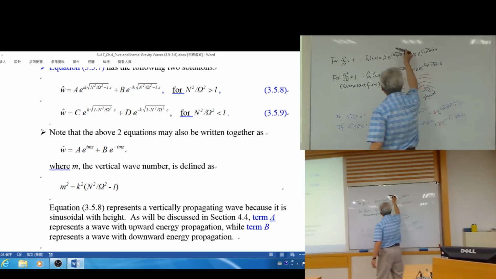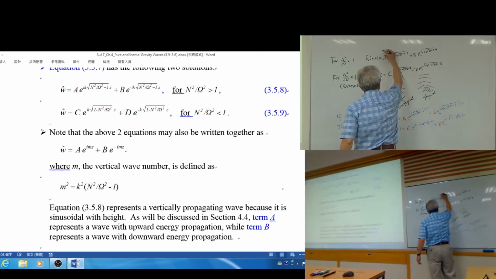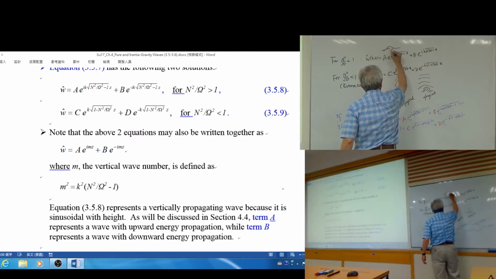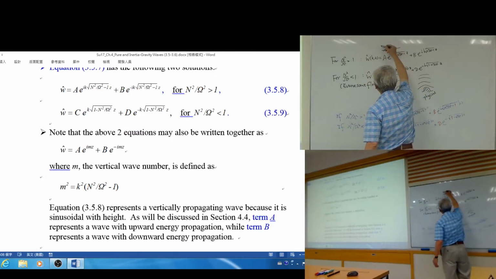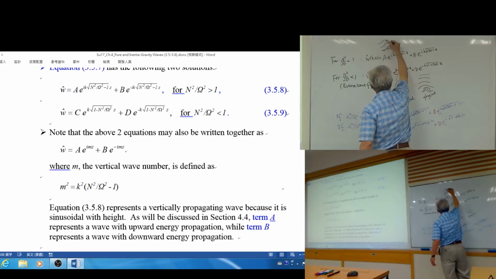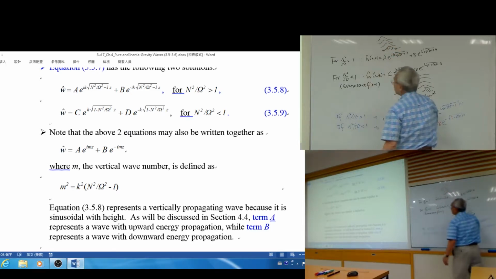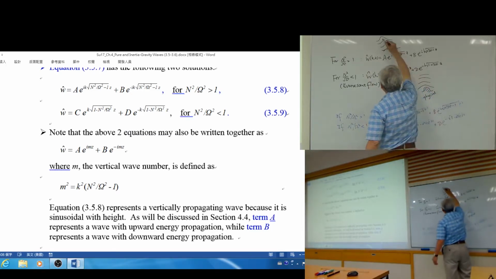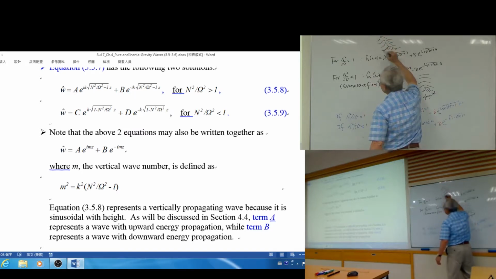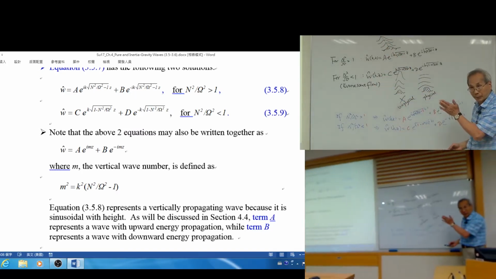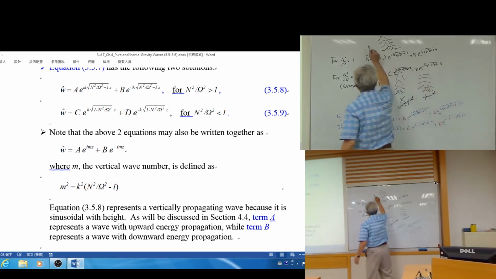This one, this mountain, will give this solution. This is called upstream phase tilt. The disturbance will tilt upstream because U is this way.